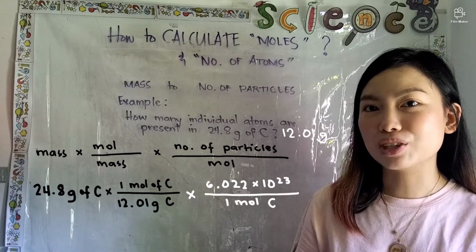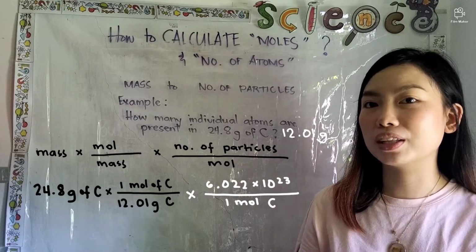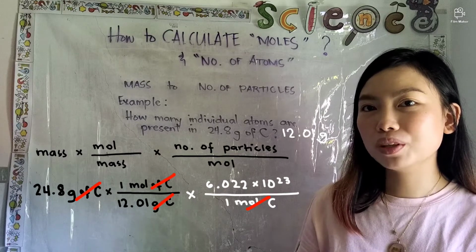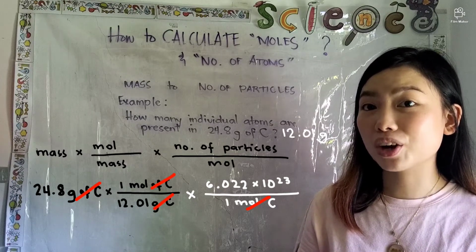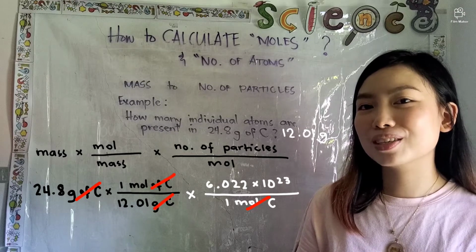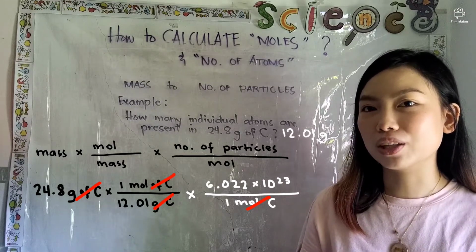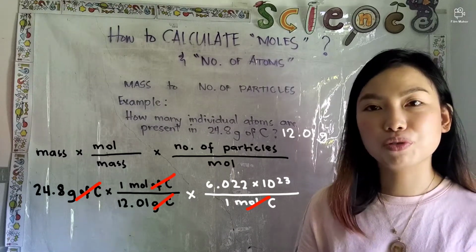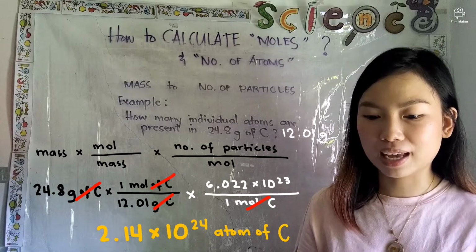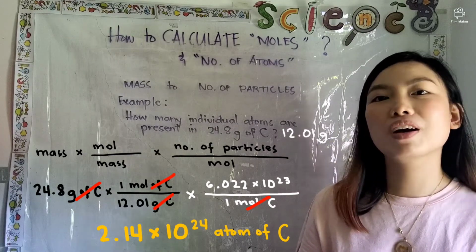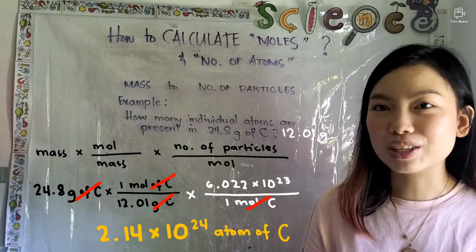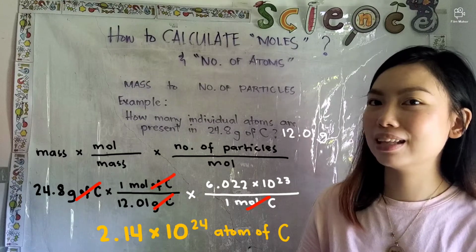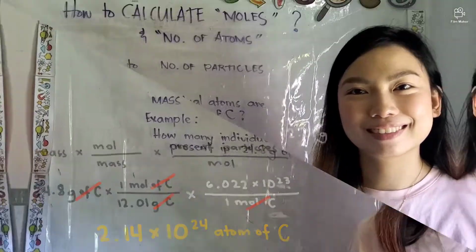So, we have 24.8 grams multiplied by 1 mole divided by 12.01 grams, multiplied by 6.022 times 10 to the 23rd atoms divided by 1, will give you the final answer of 2.14 times 10 to the 24th atoms of carbon. And that's now your final answer in finding the number of particles in the mass of 24.8 grams of carbon.